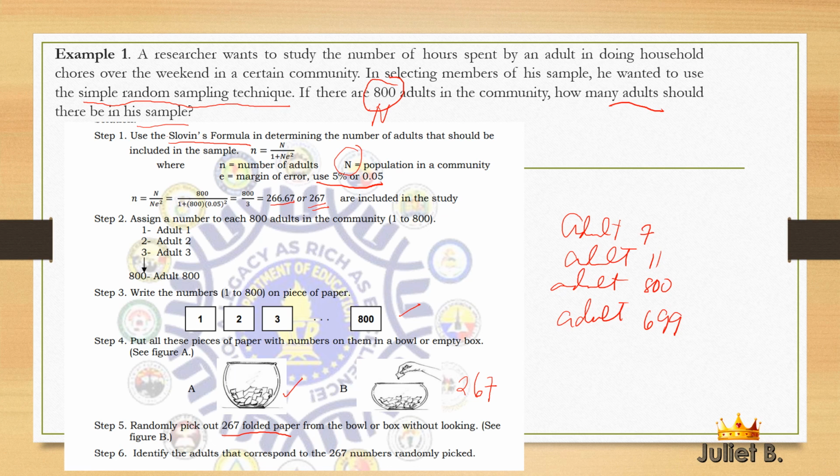They are all in equal chances and the number of adults that there will be in his sample is 267. So, 267 times siyang bubunot para makuha niya lahat ng sample para ma-reach niya yung ika-267 na pagbunot niya or pag-draw. So, ganyan lang kadali si simple random sampling.